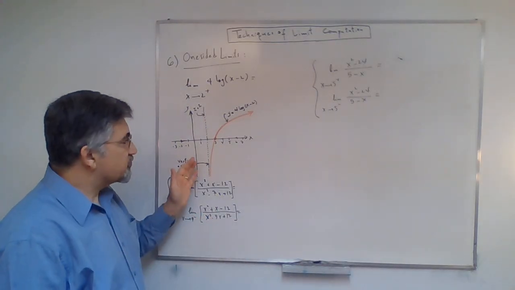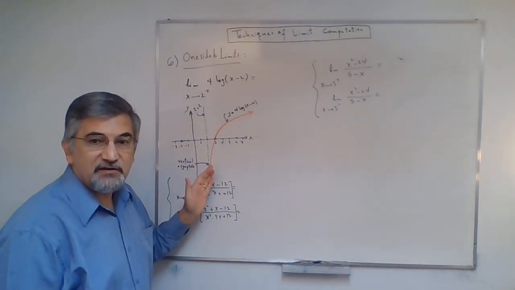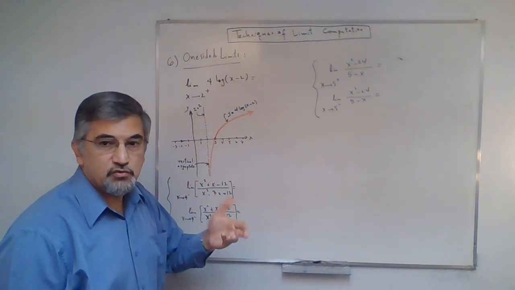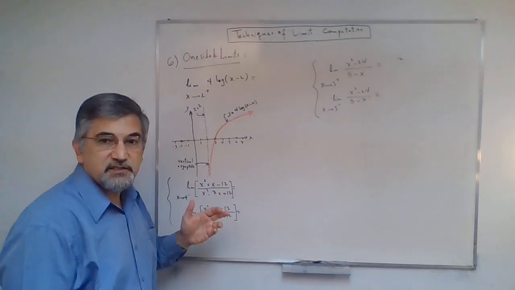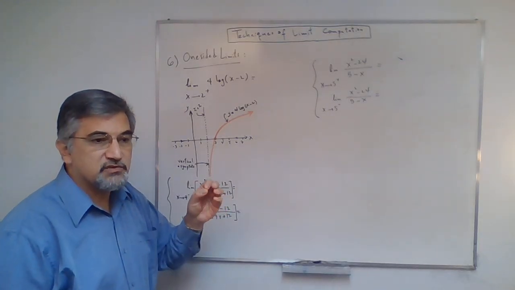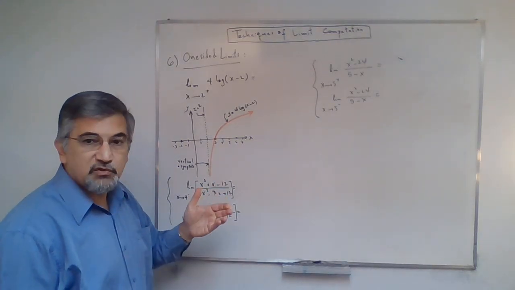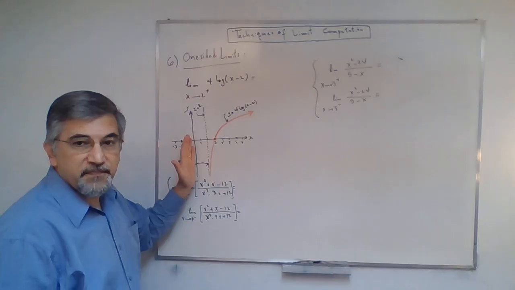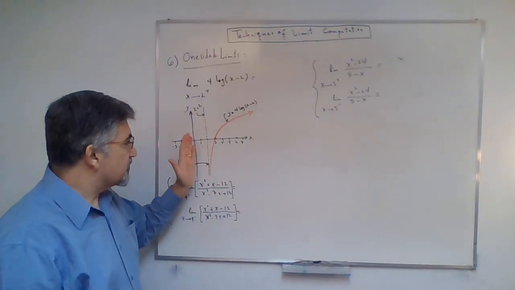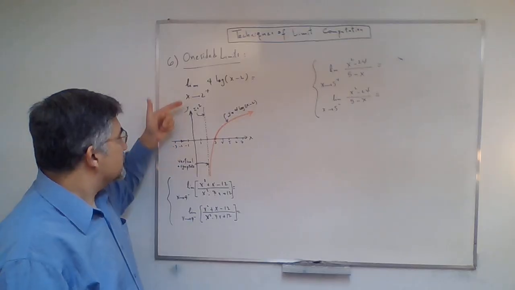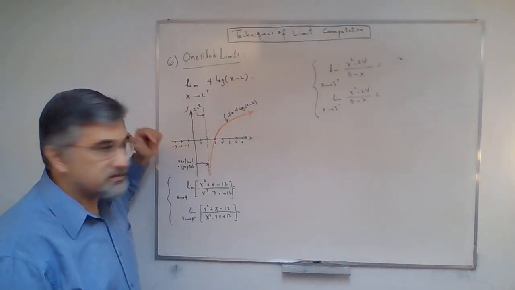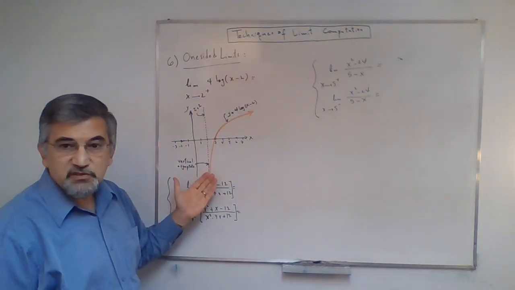This is when x approaches 2 from values greater than 2, not less than 2. For example, x could be 2.001, which is very close to 2 but greater than 2, so on the graph it is on the right-hand side of the vertical asymptote. And we want to find out what the limit is.